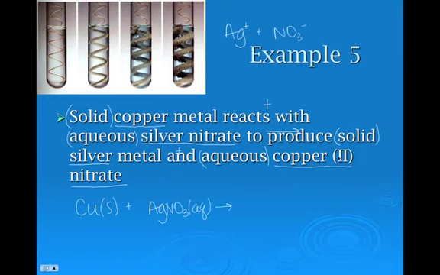To produce solid silver metal, so silver, and aqueous copper 2, which means we're dealing with the copper 2+, nitrate. Nitrate is still the same NO3 with a -1 charge. So bring these guys together, and you'll see when you do crisscross, you actually need 2 nitrates. So you're going to go Cu parentheses NO3 parentheses 2, and the question said that this was aqueous.